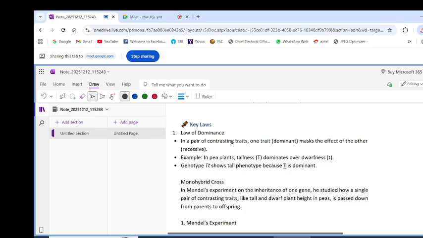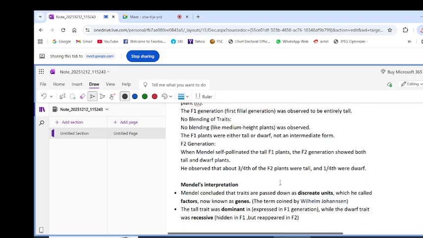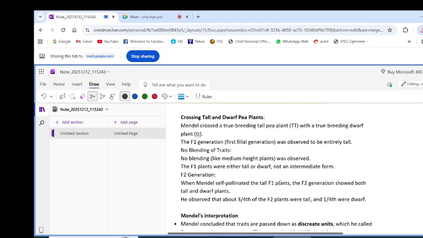So this is the law of dominance: in a pair of contrasting characters, meaning different, opposite characters, one trait masks the effect of the other recessive trait.